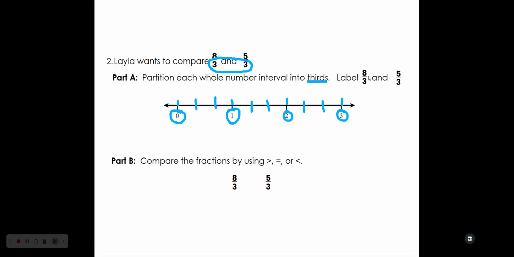So, I'm going to start with my 8/3 because it's the first one there. Now, I see 0 here, so I know that is 0/3.